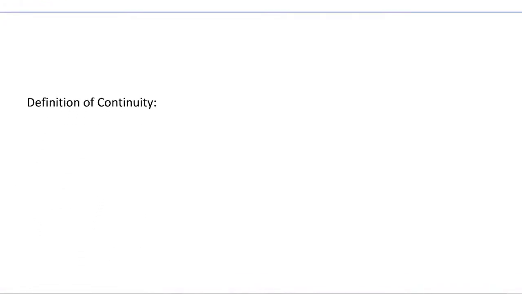All right. So that was a pretty simplistic way to look at continuity, but let's formally define continuity.